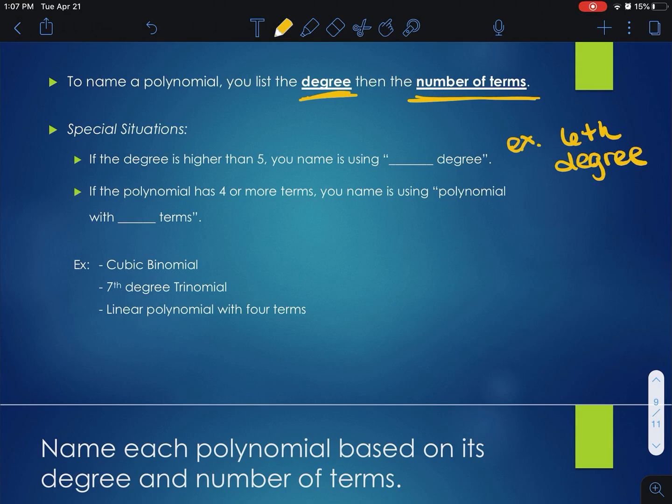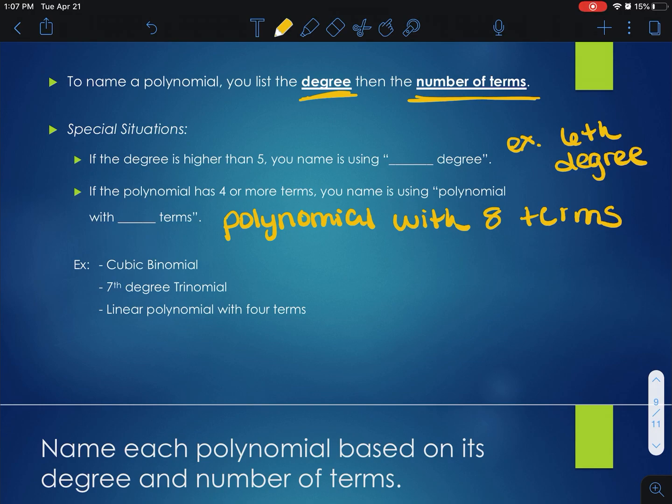There's no special names for anything after 5. If the polynomial has 4 or more terms, you name it using polynomial with blank terms. So, for example, it would be polynomial with 8 terms.